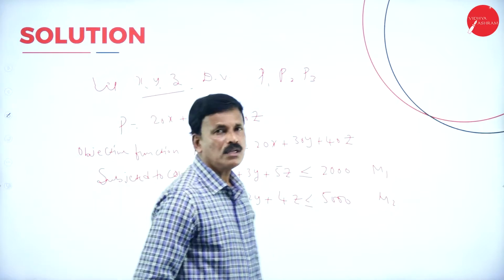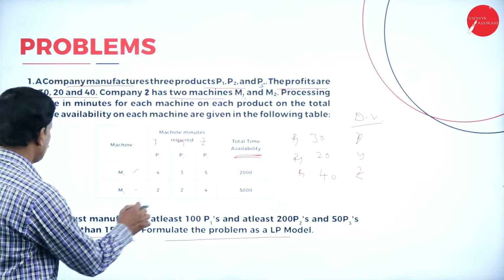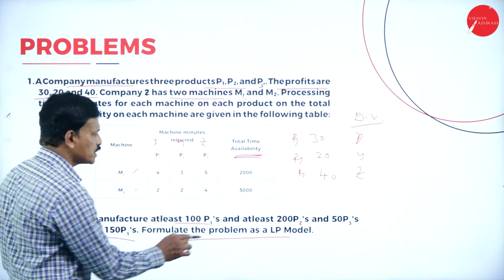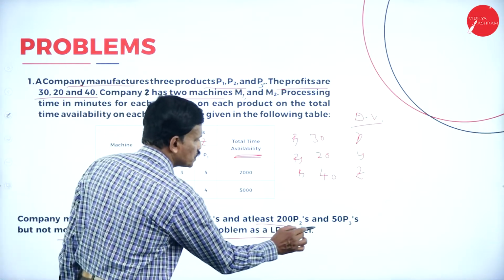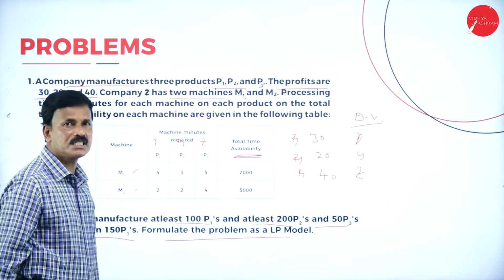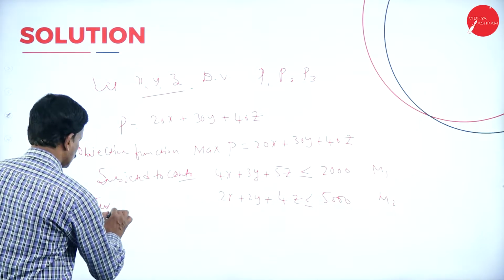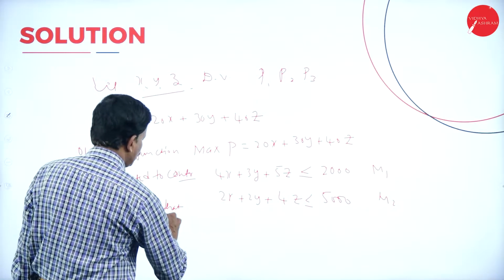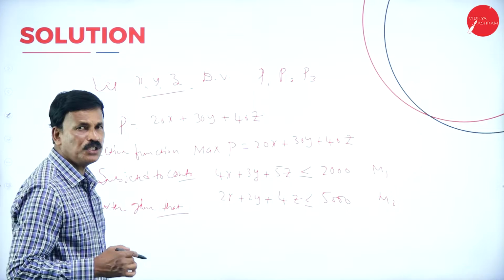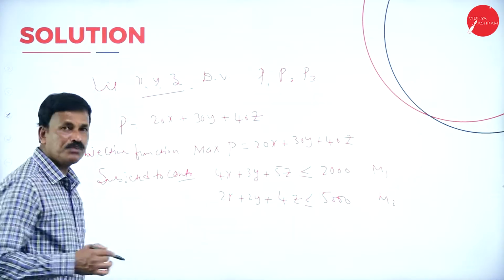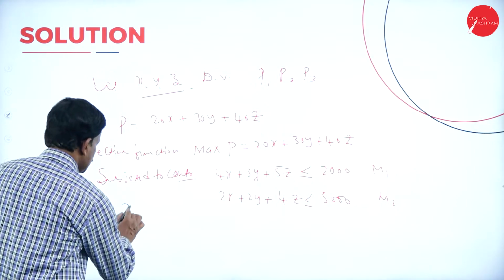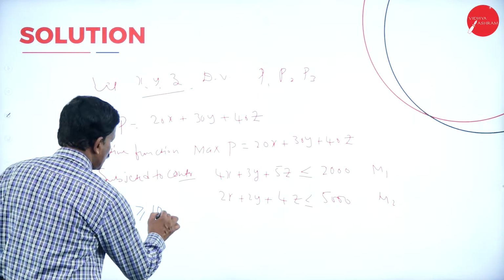Now further, what is given in the problem? The company must manufacture at least 100 P1s, at least 200 P2s and 50 P3s. So further, it is given that the company will manufacture P1, P2, P3. What are the conditions? For P1, that is 100 P1, x is greater than or equal to 100.